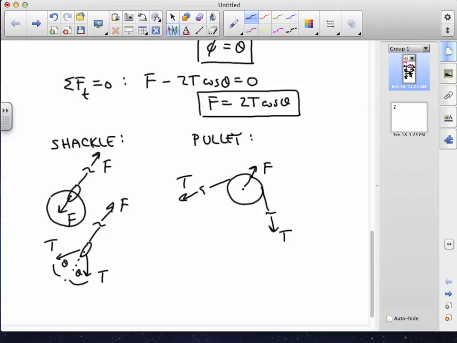But since again we know that F is 2T cosine theta, we could represent the forces at the pulley bearing as equal and opposite to those cable tensions directly.